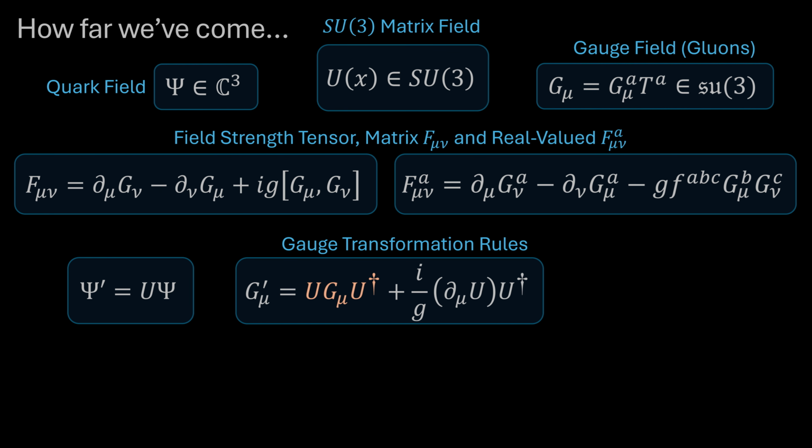And then in addition to the adjoint transformation, it also picks up this derivative term, i over g partial mu U, U dagger, and that's the thing that comes in and cleans up the mess having to do with the local nature of our SU(3) transformation, and all the gradients of a mess that we're able to make in space and time. The derivative term in the gauge transformation rule is going to come in and clean up that mess.